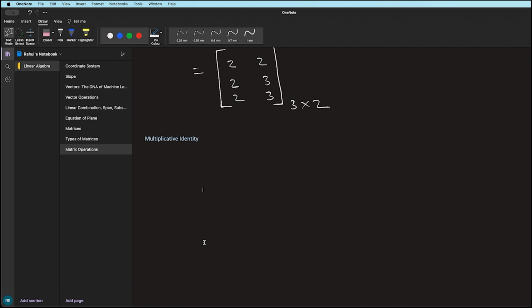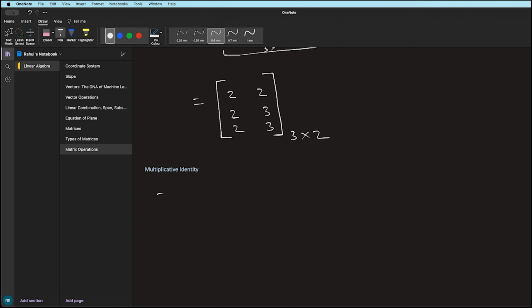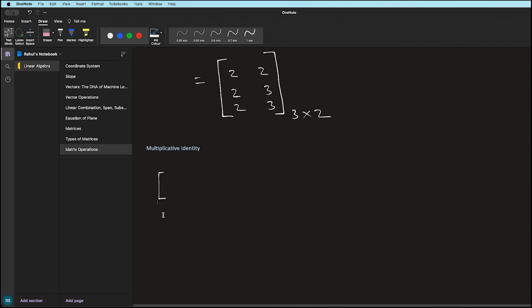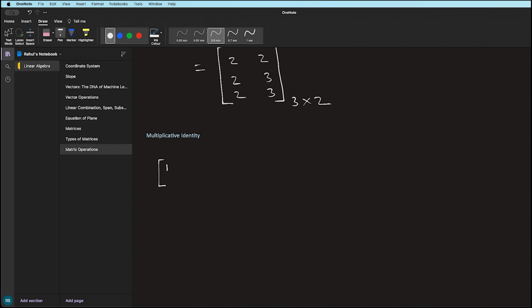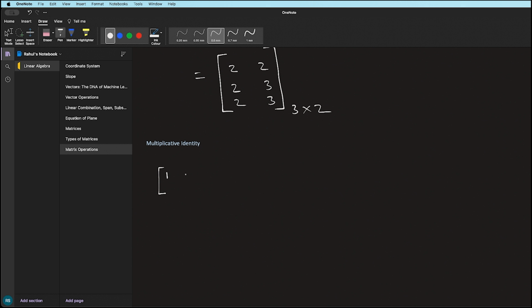In our previous video about the types of matrices, we studied the identity matrix. For example, the identity matrix 1 0 0 1 is 2 cross 2.